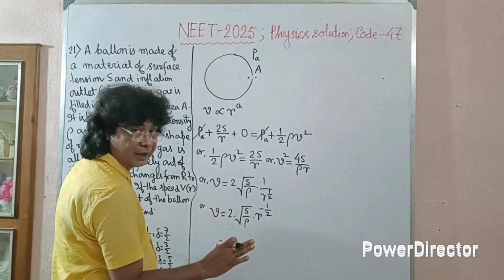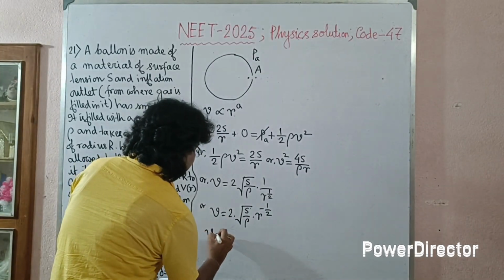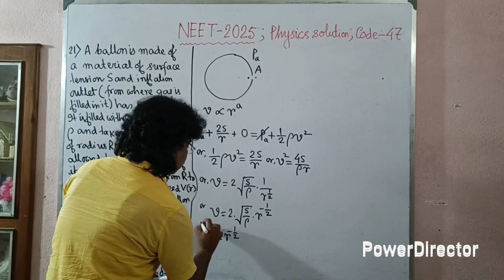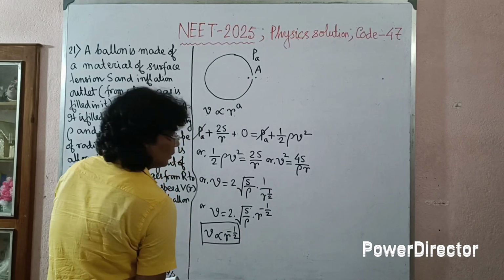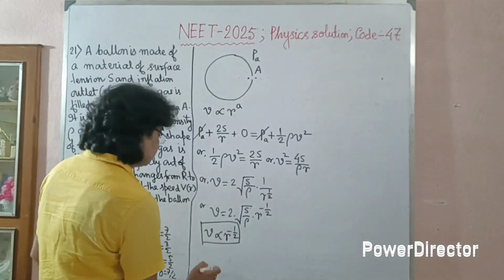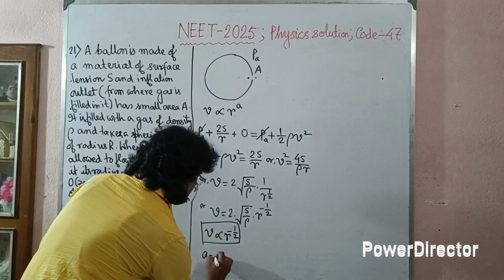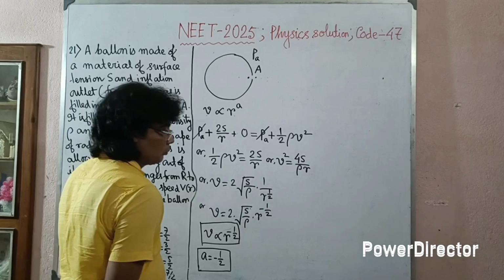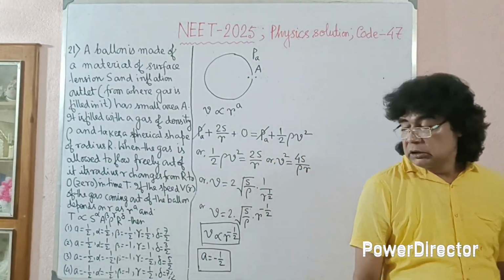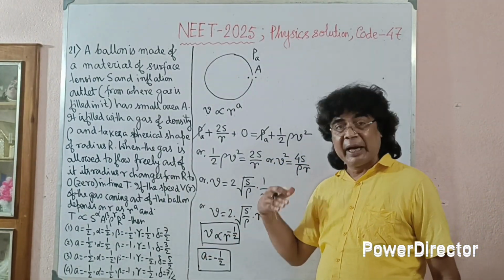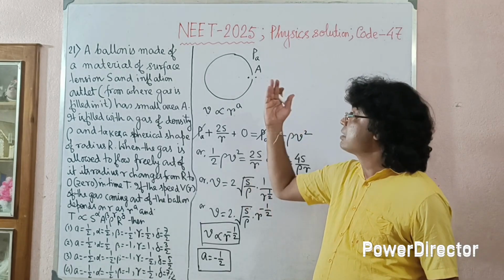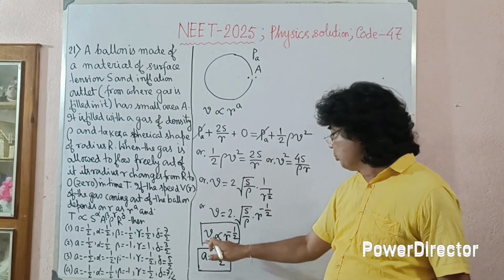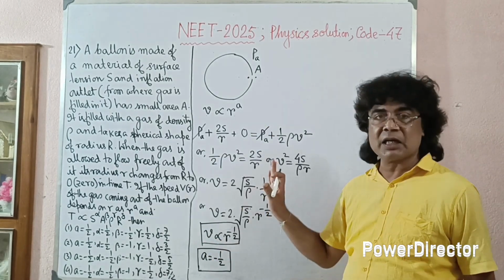From this equation, we can say v varies as r to the power minus half. Okay, so a equal to minus half. So look, v depends on the instantaneous radius of the balloon as v varies as r to the power minus half.